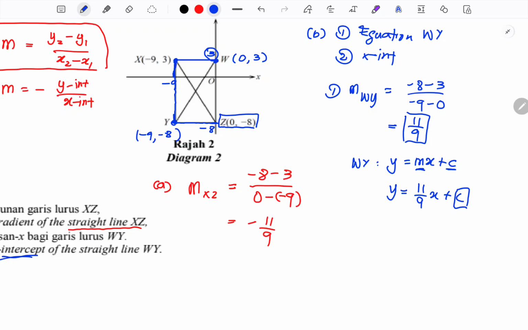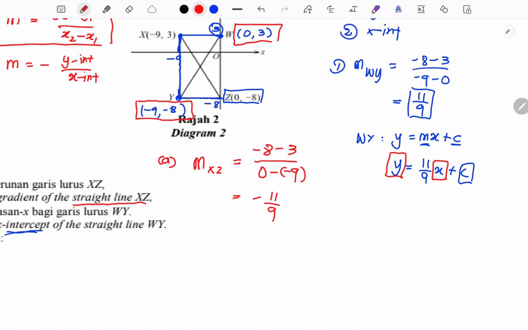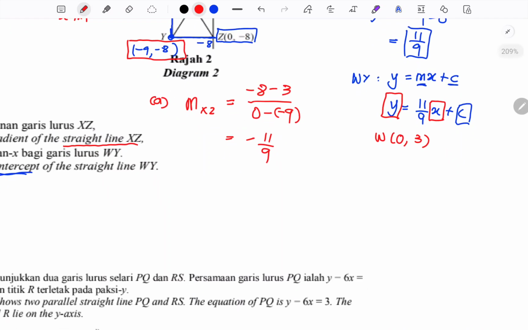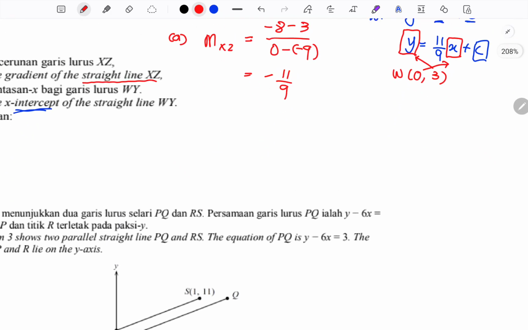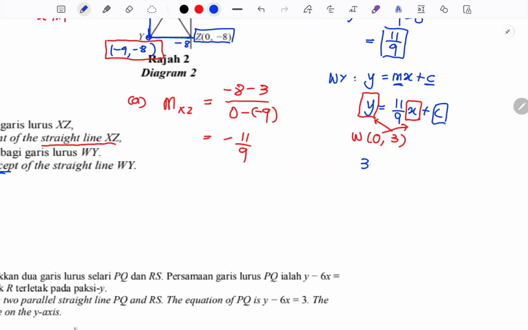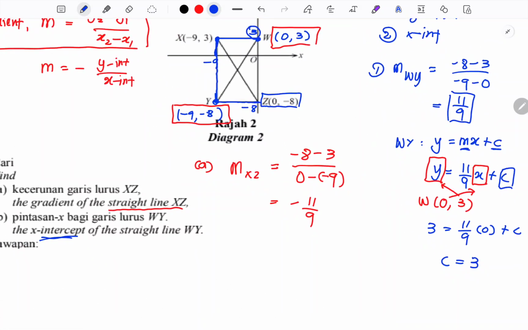You can find c by substituting the values of y and x through either point Y or point W. In this case I use point W, (0, 3). I put it in: this is the y value, this is x. So 3 equals 11/9 times 0 plus c, so c equals 3. Or you can directly look at the graph.